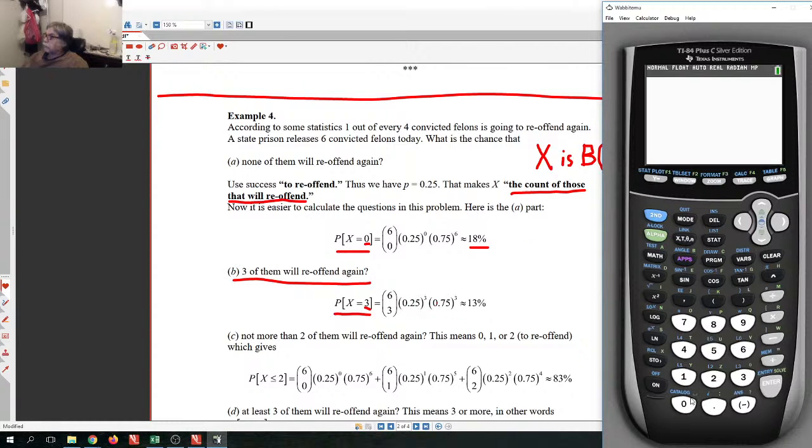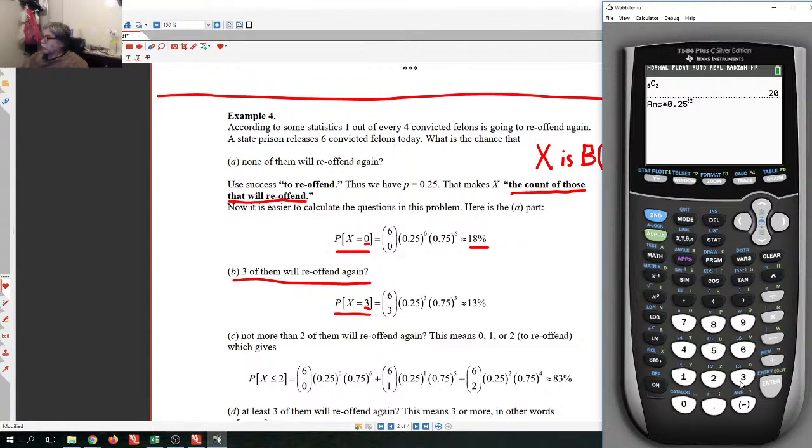So I have 6 choose 3, which is 20. You can also calculate it yourself, right? Times 0.25 to the power of 3, I use the hat here for power.